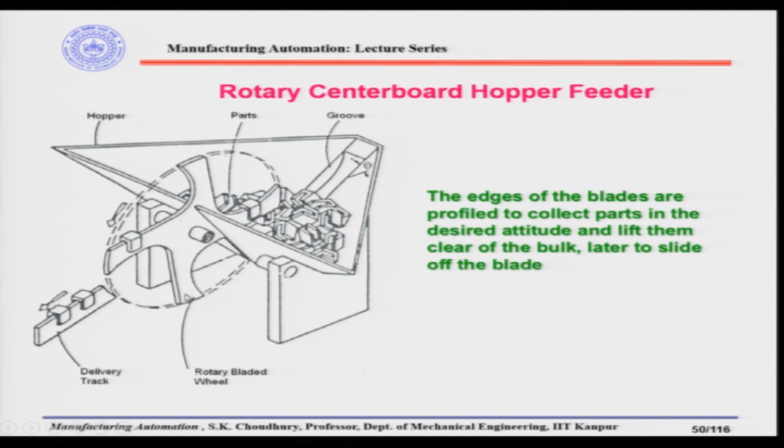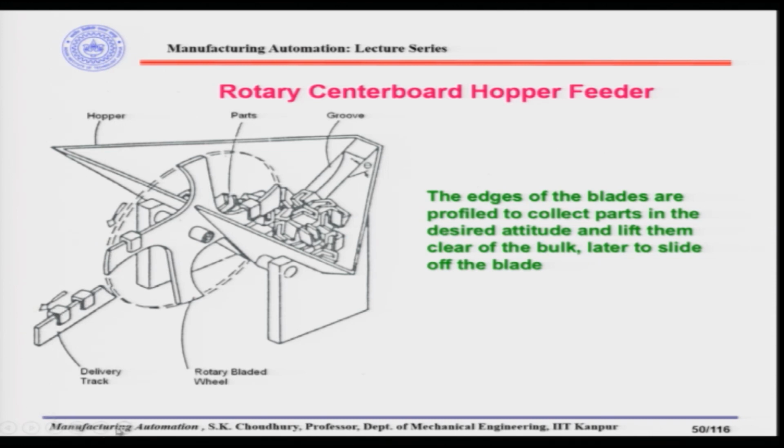Now, the rotary bladed wheel, which you can see here, this rotates, let us say in this direction, and while rotating through the mass of the parts, it will actually pick up the parts, because the parts are of the U type and they will be picked up by the blades. Let us say in this position one part has been picked up, and if it is rotating in this direction, that means the part will be coming from here to here, and while it is here, the part will be sliding down this, and when it is aligned to this delivery track, the part will be coming through the delivery track.